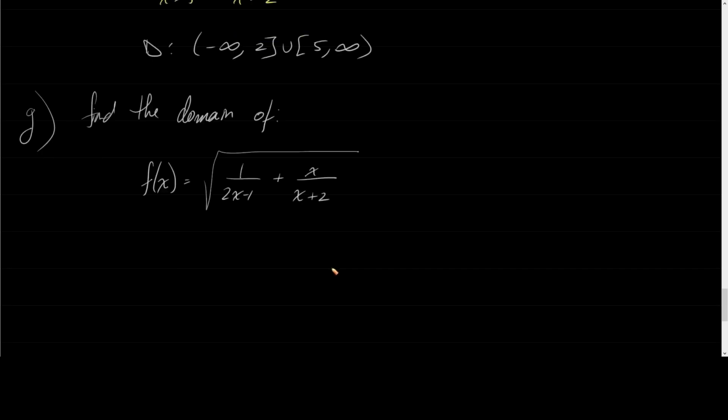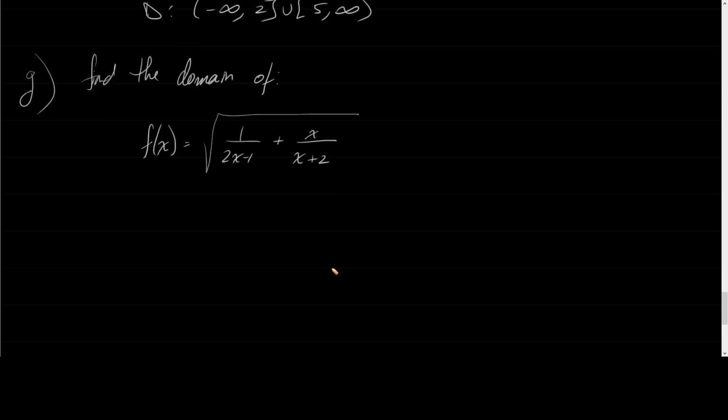All right. Well, right away, we're looking for the domain of this. So the inside stuff has to be greater than or equal to 0 because I'm working with a square root function, right? So I have right away that 1 over 2x minus 1 plus x over x plus 2 must be greater than or equal to 0.